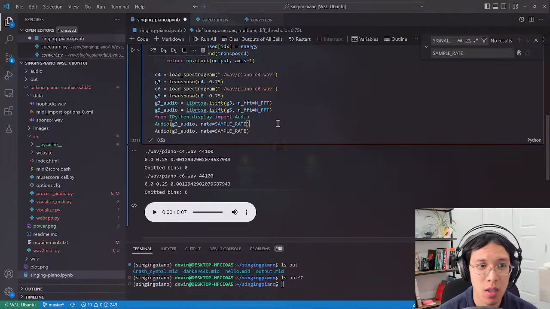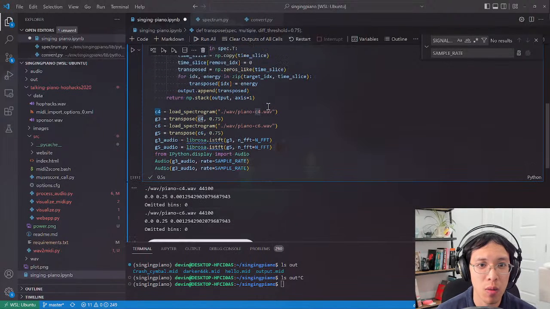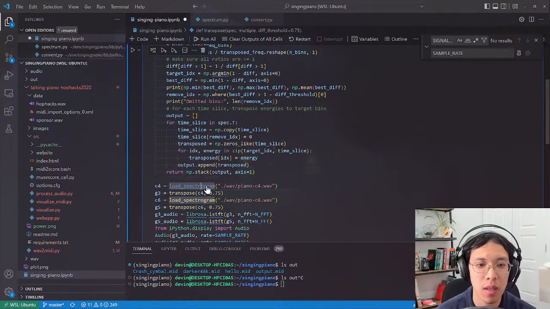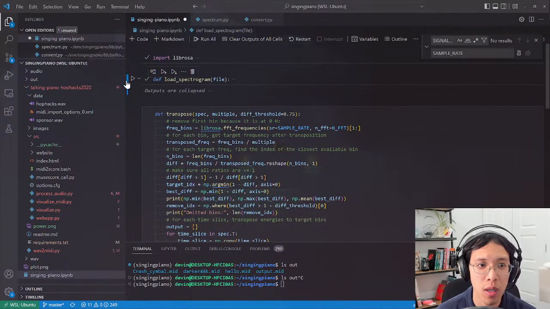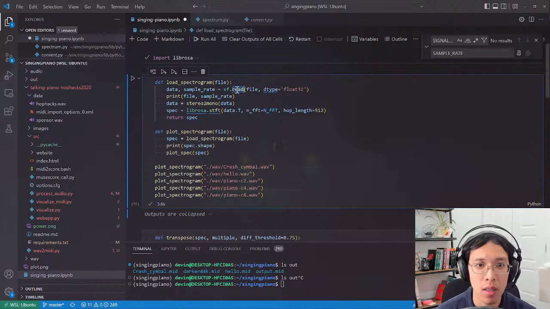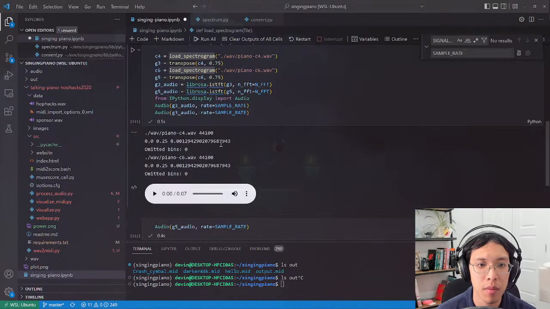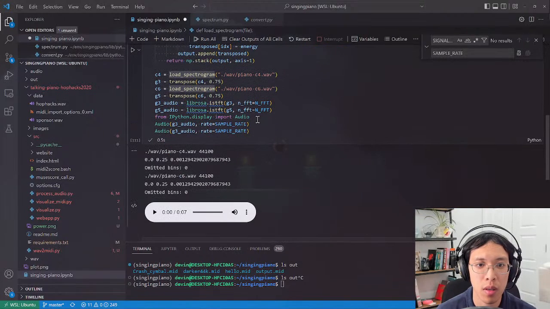In fact, let's actually load the original, maybe, audio. Yeah, let's try this. Before we do the load spectrogram thing, we run this sf.read, and that gives us some data and a sample rate. So what you could also do is this.